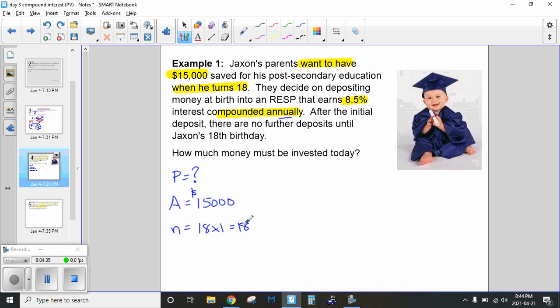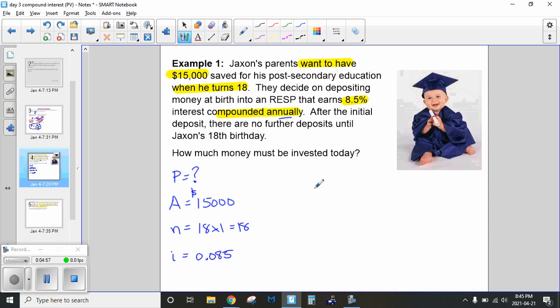That's just 18 compounding periods. And the interest rate is going to be 0.085 in decimal form. If you want, you can divide by 1 because it was annual, but that doesn't really do anything. All right, so there are our variables.